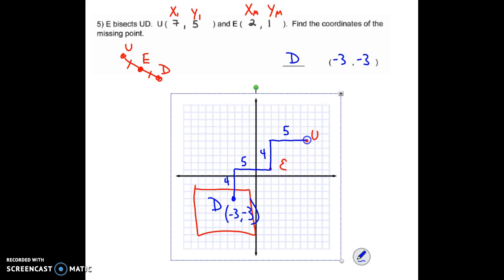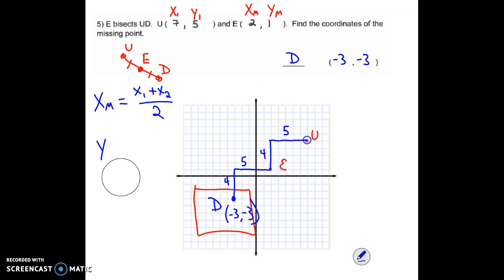Now, if you want to do this the algebraic way, because you get numbers that are really big and they don't work on little graph paper, they're not cutesy high school numbers, well, let's still do it. So check it out. The x-coordinate of the midpoint is equal to x1 plus x2 over 2. The y-coordinate of the midpoint has the same process.